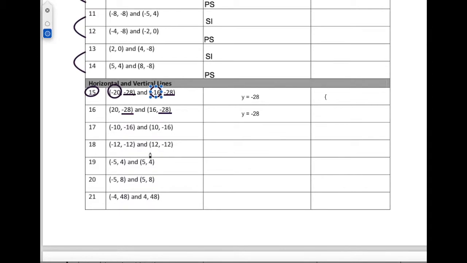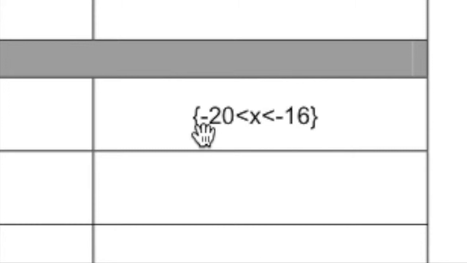And if you remember when we've done some graphing with Desmos, we use the smaller number to the left. So I'm going to type in -20 less than or equal to x less than or equal to -16. And then we get the other curly brace and we have our domain restricted to -20 to -16.